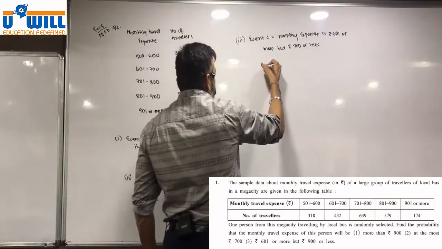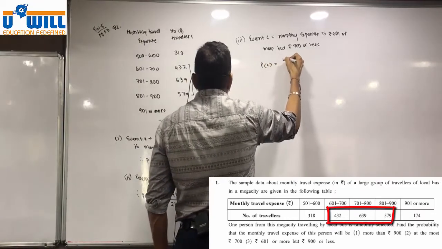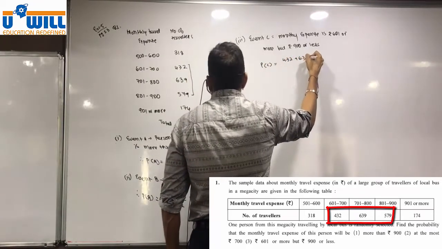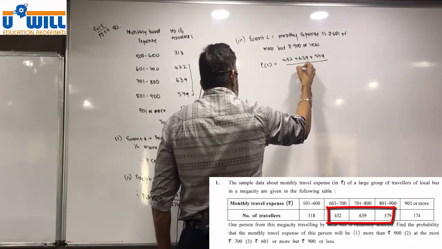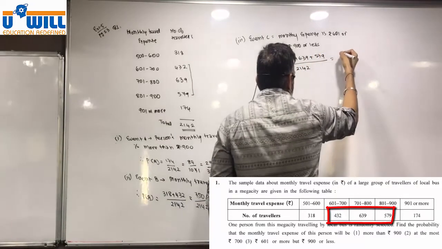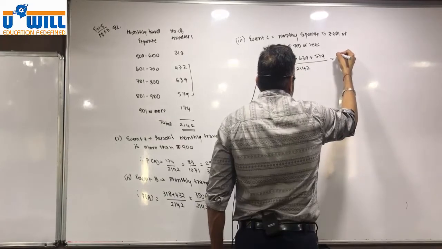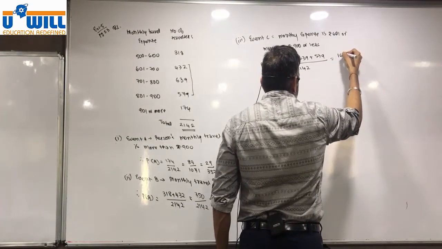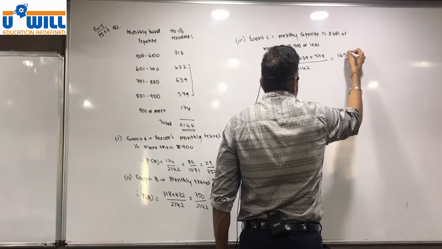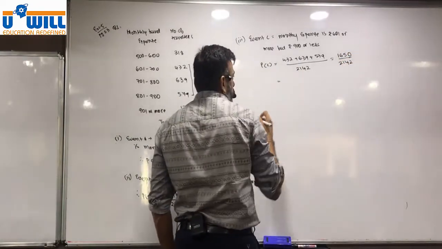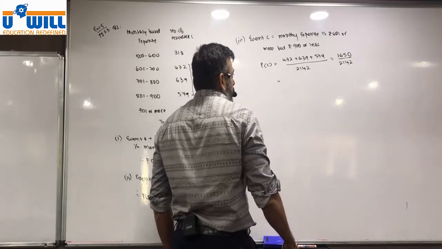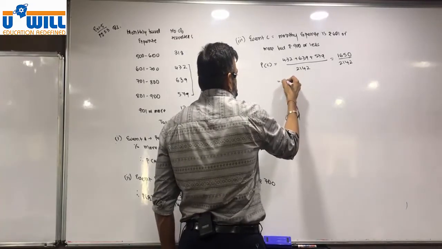So probability of C is equal to 432 plus 639 plus 579 upon 2142. How much? 1650 upon 2142, which is equal to 275 by 357.